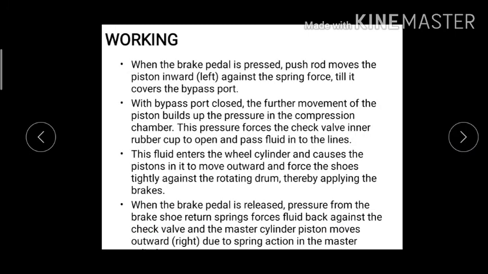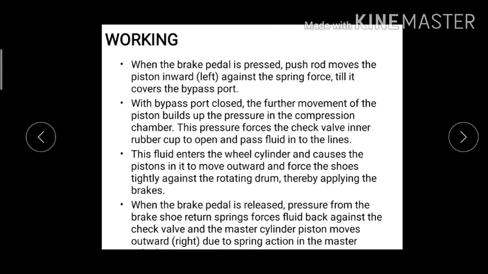So the working is, as we apply the brake, or the brake pedal is pressed, the push rod moves the piston towards the left against the spring force till it covers the bypass port. Okay, so now with the bypass port closed, pressure is developed inside the cylinder, and that allows the fluid to flow out into the brake lines.